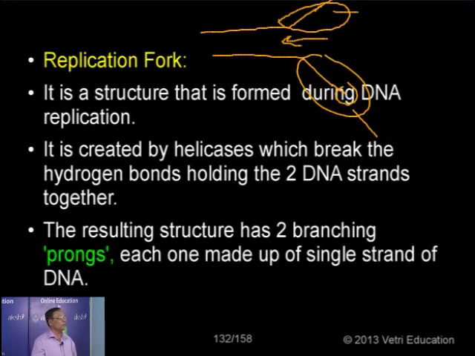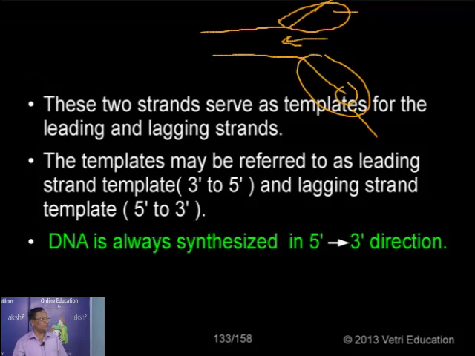So that is about the replication fork, and further events about the process of replication, with reference to the replication fork and in what direction the DNA is synthesized, we can see in the next class.